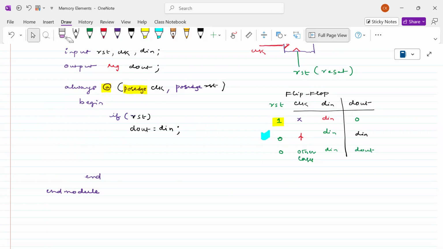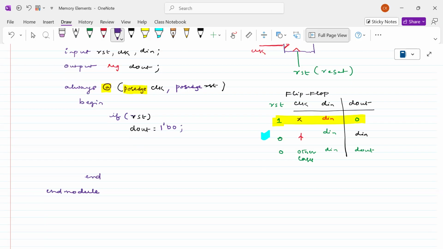That means this is the statement that we have already completed. So I don't bother about the clock signal, whatever it is. Yes, D out is equal to 0. Very good. 1 bit of 0.